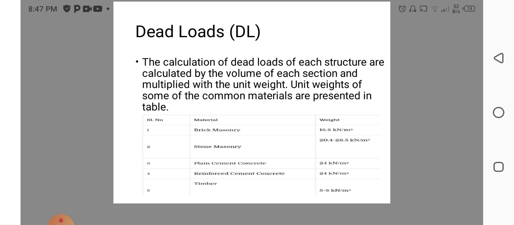If it is RCC, we can take 24 up to 25 kN per meter cube. For timber we are taking 5 to 8 kN per meter cube. So for dead load calculation we use the volume of section times this unit weight.